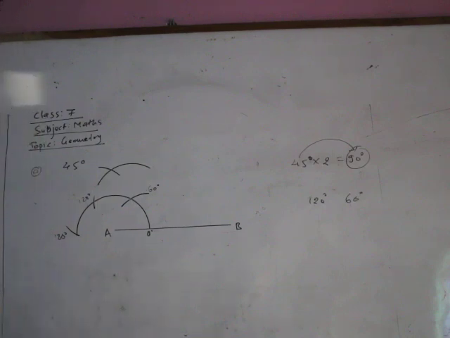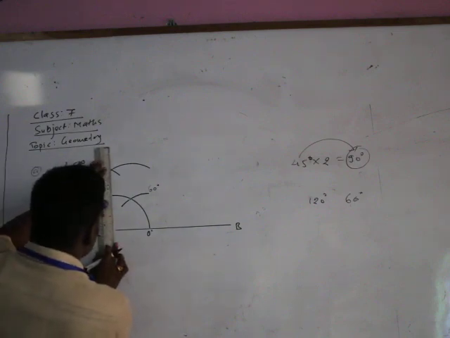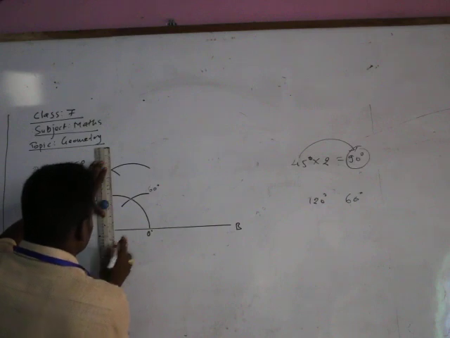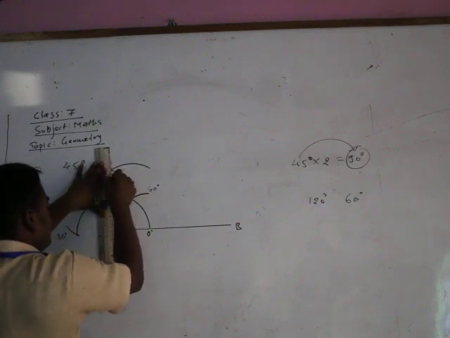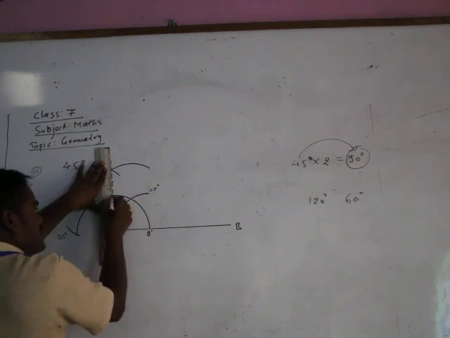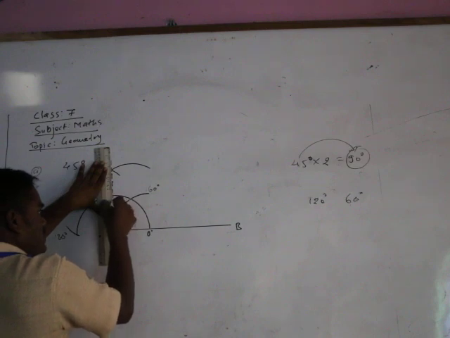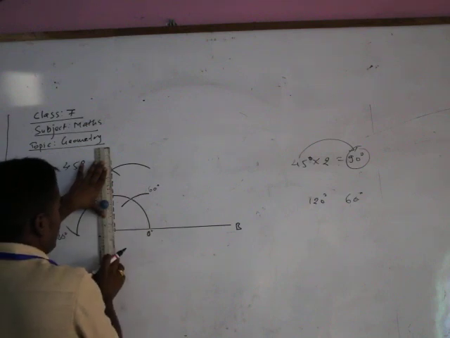That is the angle point. Then again take the scale, match this point; this one is the center point, this one is the angle point. Draw the dotted line. While drawing the dotted line, it must intersect the arc here. Only like this.